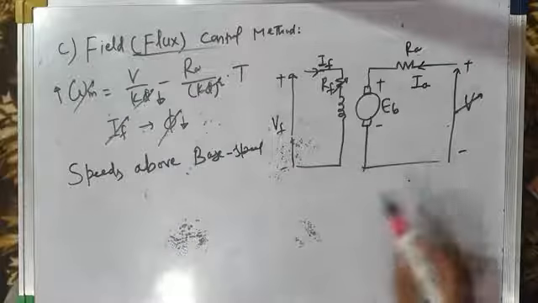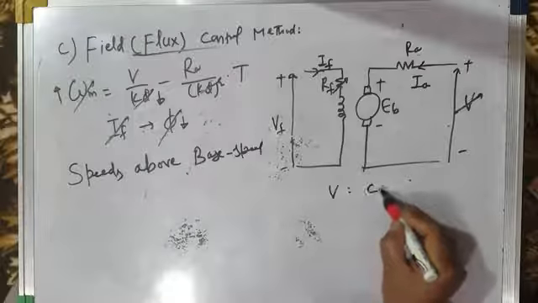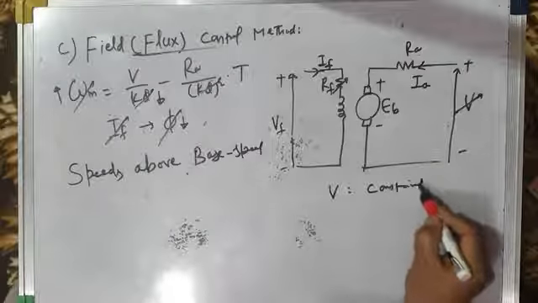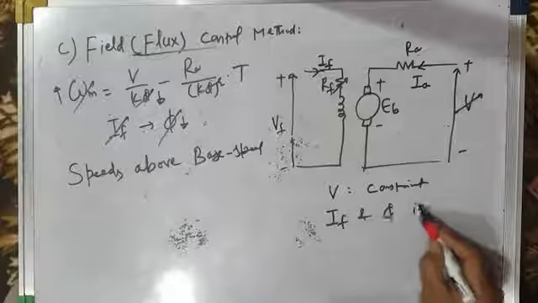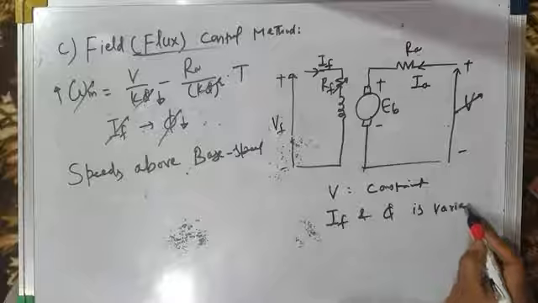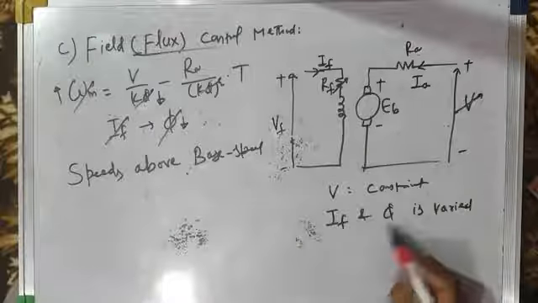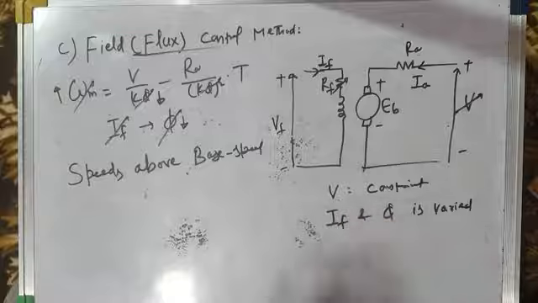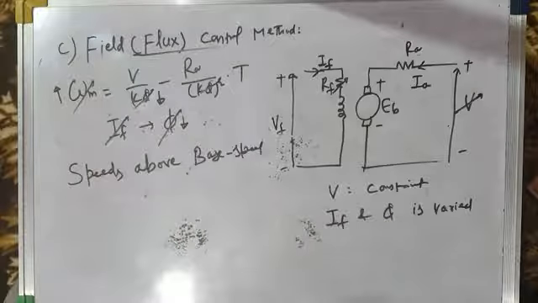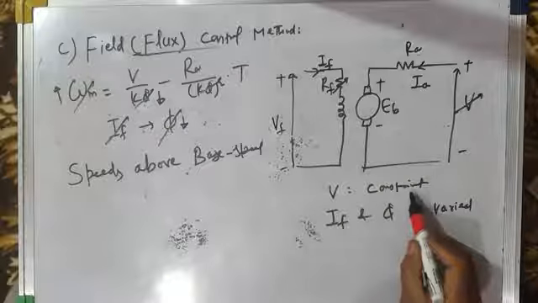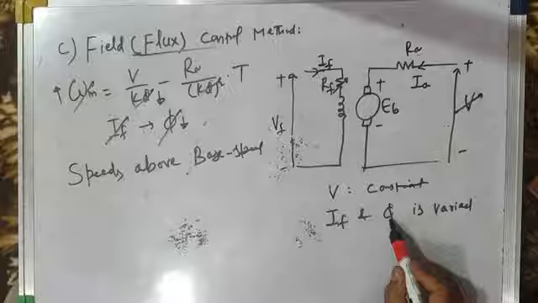But the condition is that the armature voltage has to be kept constant, V has to be constant, and the field current and hence flux is varied. In the armature voltage control method, which we studied just a few moments back, flux is kept constant and armature voltage is changed. But in the field or flux control method, the armature voltage is kept constant. What varies is the field current or field flux.